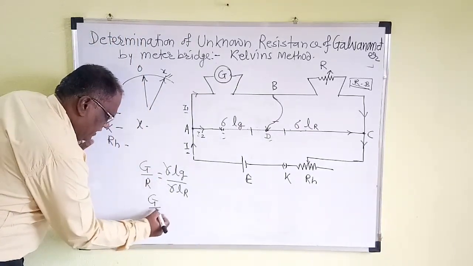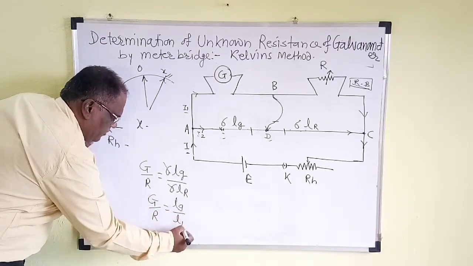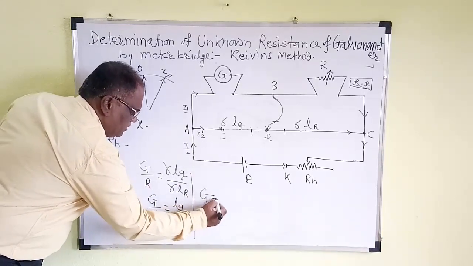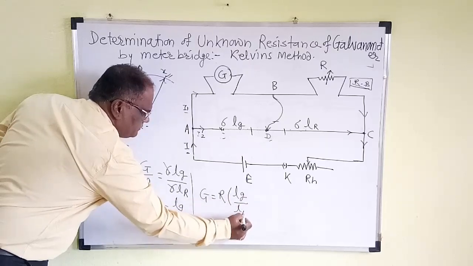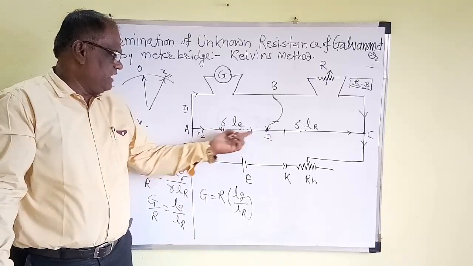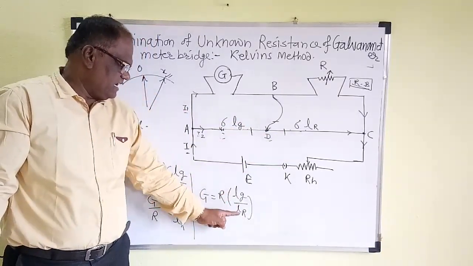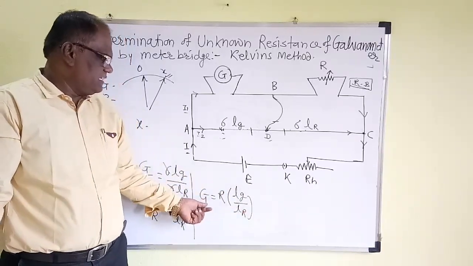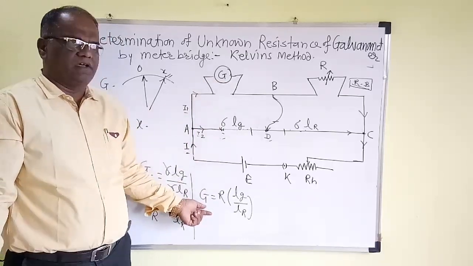G by R is equal to LG upon LR. Thus G is equal to R LG by LR. We can directly measure the LG by meter scale. Thus LG, LR and R, these are the known values, and thus we can easily determine the resistance of galvanometer.